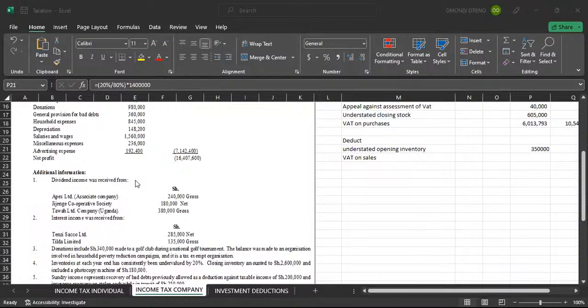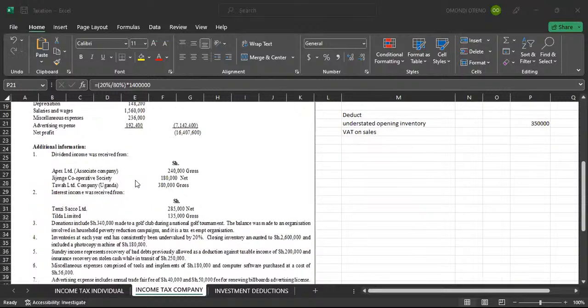Somebody is saying that the note which tells us that the closing inventory is undervalued is not visible in this question. Can someone assist on the information telling us that the inventories at each year end was being undervalued by 20%?